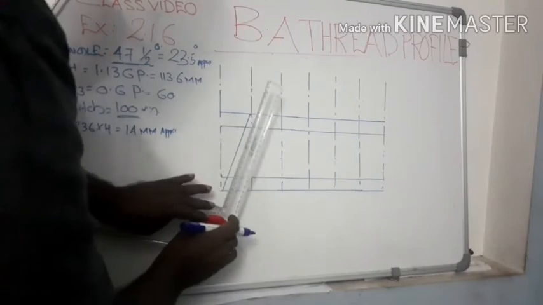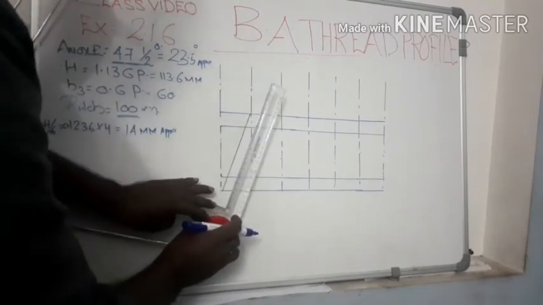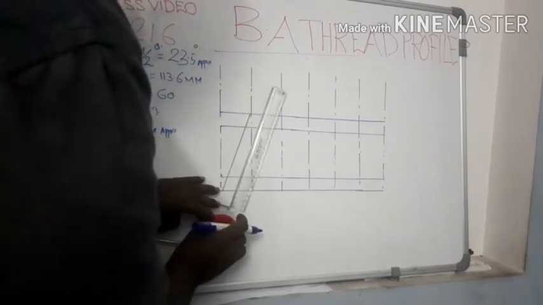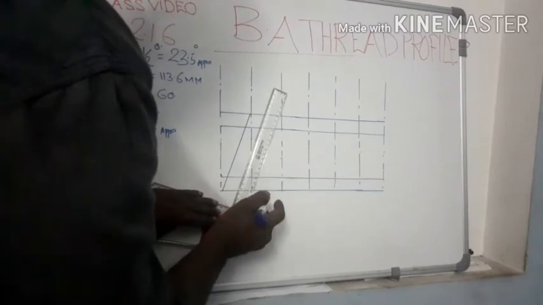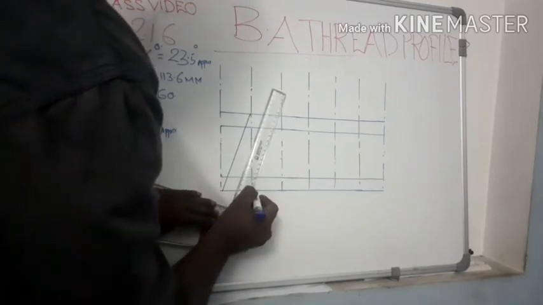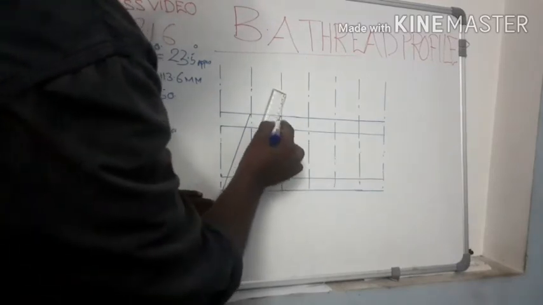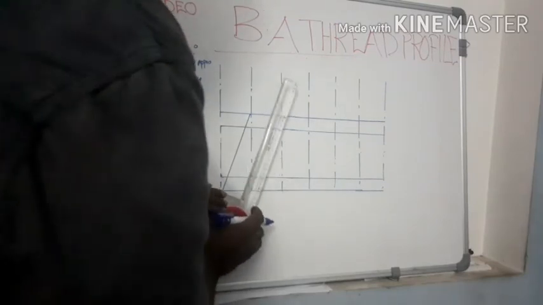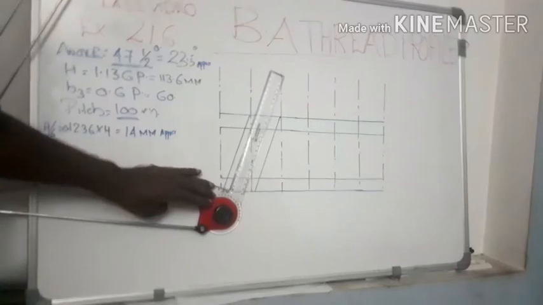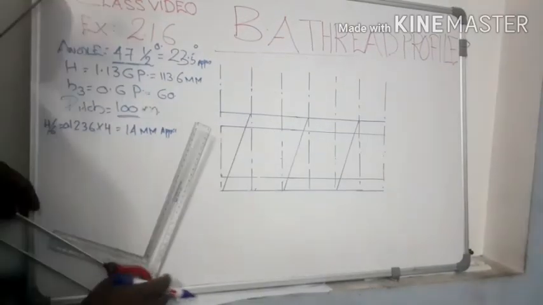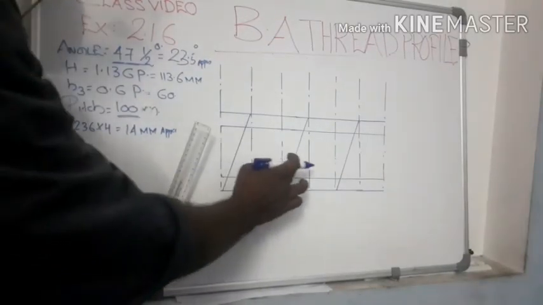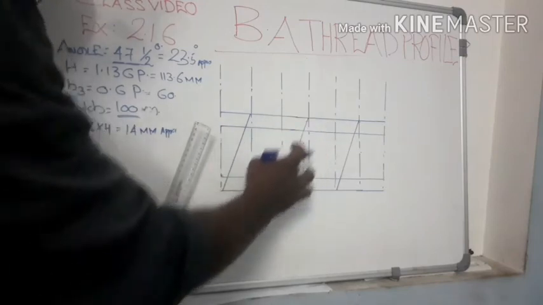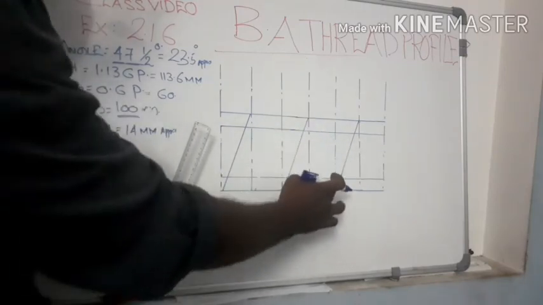Similarly, we have to draw inclined lines alternately from here. See, there are 3 more alternate inclined lines here.